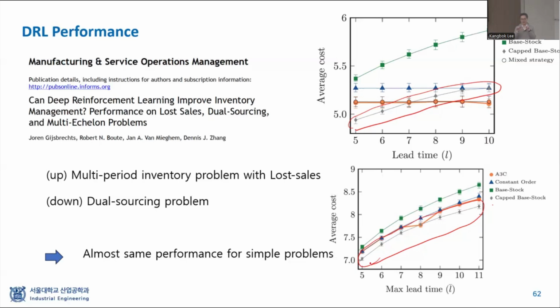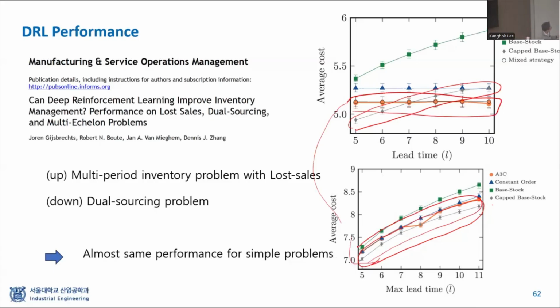If your problem setup changes a little bit, your algorithm stops holding, so you need to change your algorithm. But the A3C based DRL algorithm works quite universally. They find that the performance of their A3C based DRL is quite close to what is known to be optimal so far.